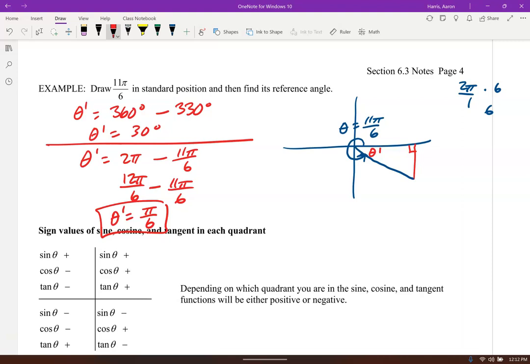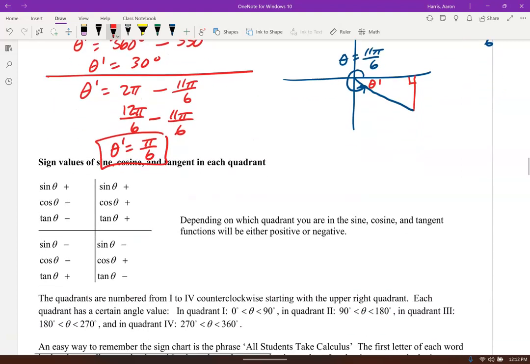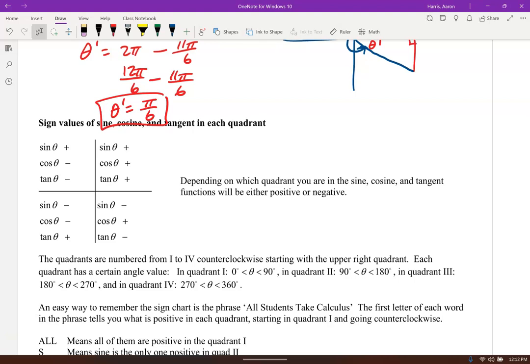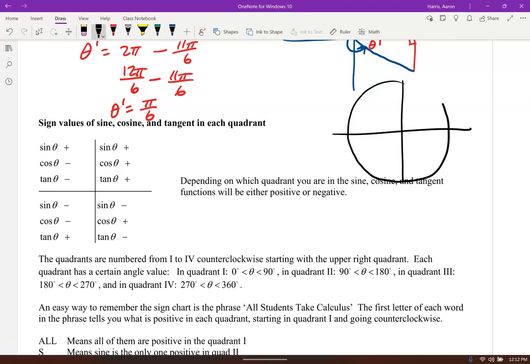Okay. All right, let's get into sine, cosine, and tangent values in each quadrant. If you look at your unit circle, in quadrant 1, you take any x, y. Remember, x is our cosine, y is our sine.